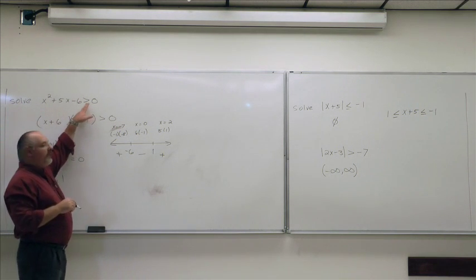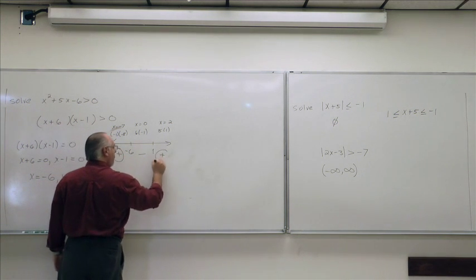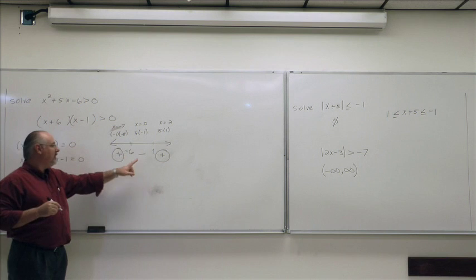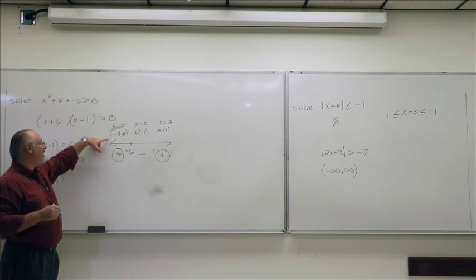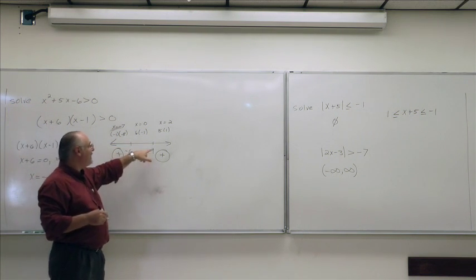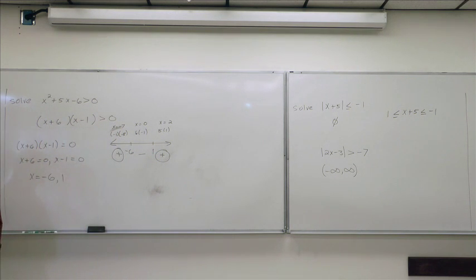So remember, I was solving for greater than 0. Greater than 0 means positive. If this was less than 0, then I would want negatives. Now I could have easily just worked this out. Okay, here I get +8, here I get -6, here I get +8. Right? That is the same thing.